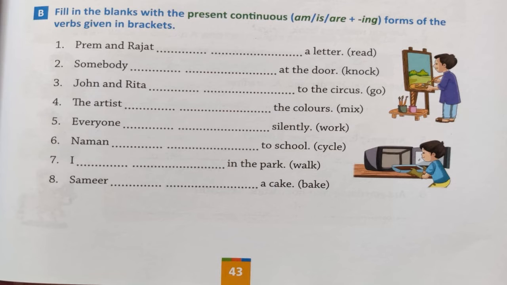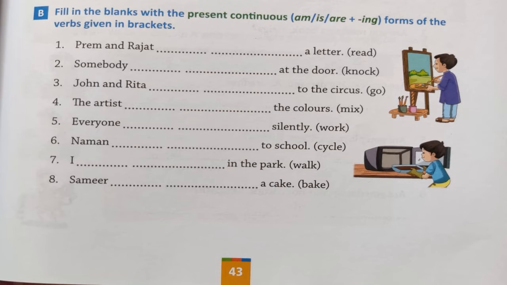Fill in the blanks with the present continuous am, is, are plus ing forms of the verbs given in the brackets. Now children, can you see there are two dashes given with a space in between. So what do we have to write? We have to write either am, is, are with a verb ending with ing.